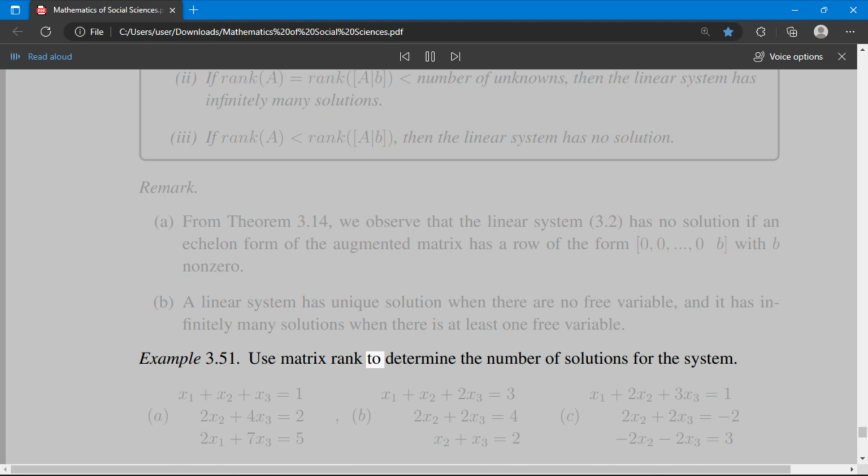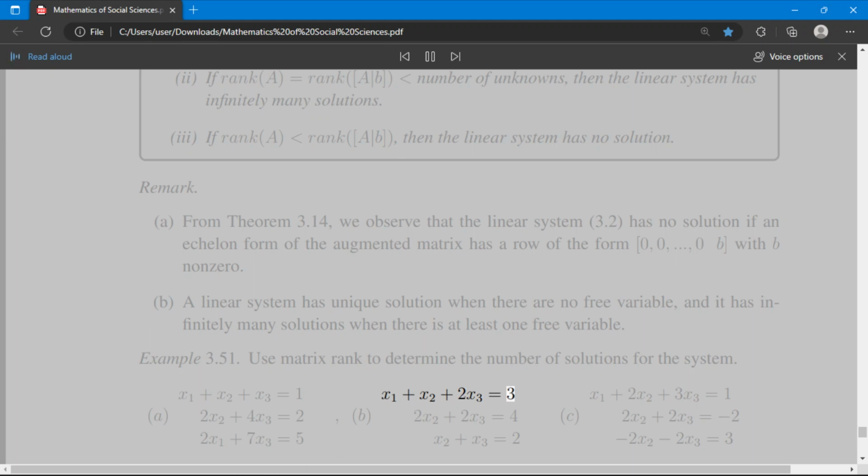Example 3.51. Use matrix rank to determine the number of solutions for the system. A. x1 plus x2 plus x3 equals 1, 2x2 plus 4x3 equals 2, 2x1 plus 7x3 equals 5.